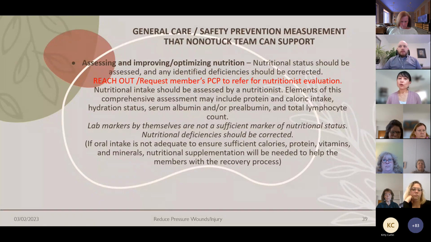Nutritional deficiency should be corrected. If oral intake is not adequate to ensure sufficient calories, protein, vitamins, and minerals, nutritional supplementation will be needed to help the members with the recovery process. Of course, this is also our discussion with the other specialists, the nutritionists, and the PCP.